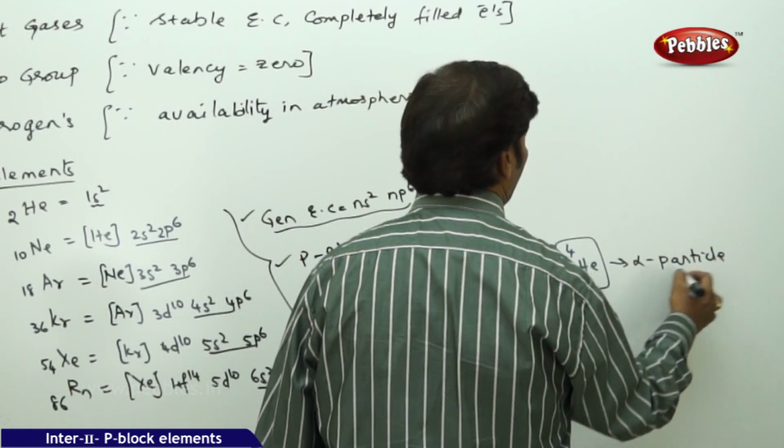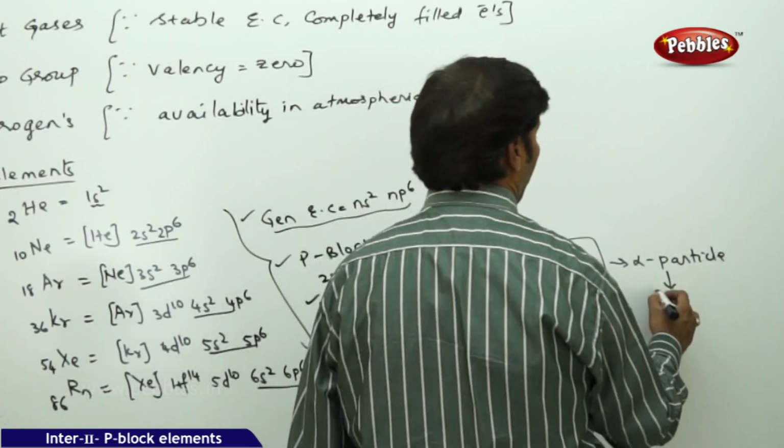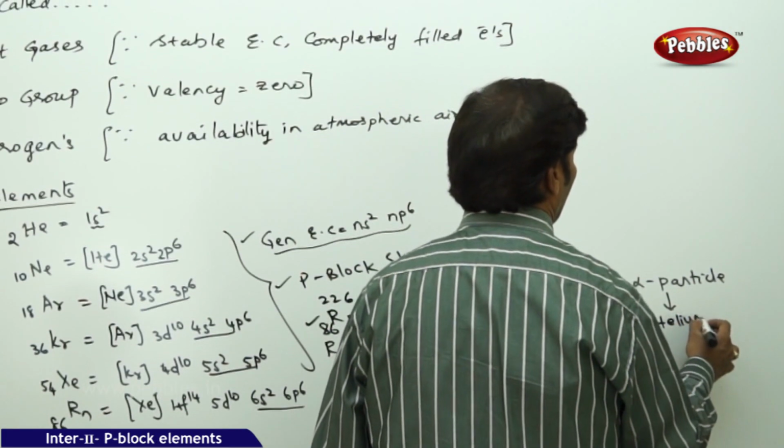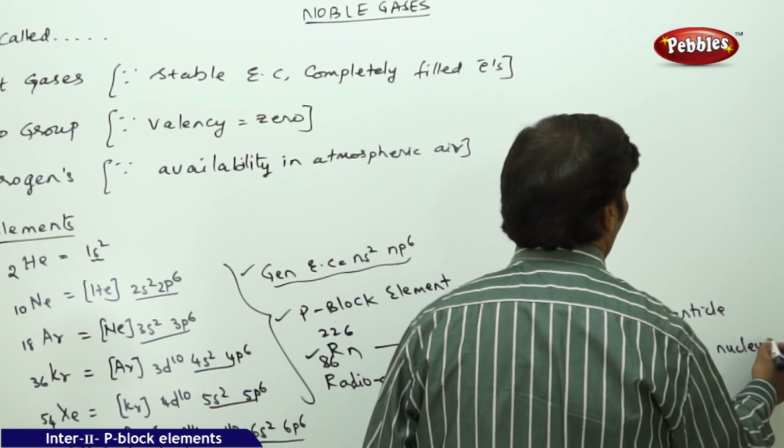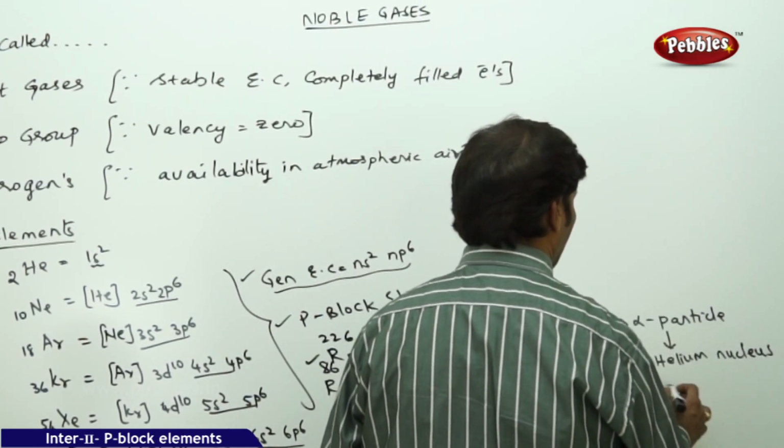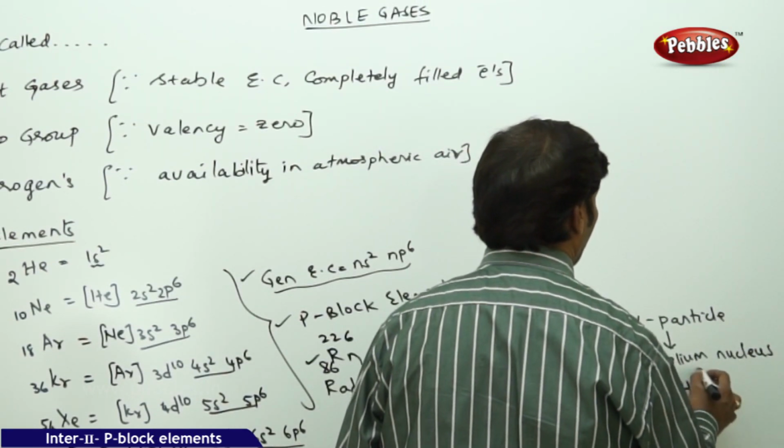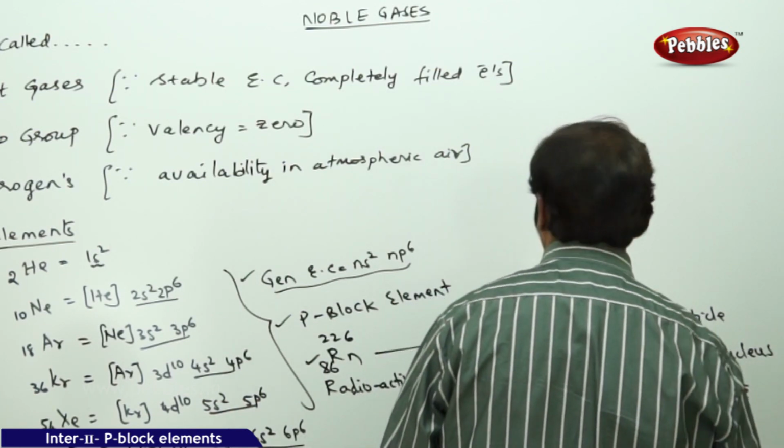This alpha particle is a doubly charged helium nucleus, and it undergoes self ionization to give He2+ and 2 electrons.